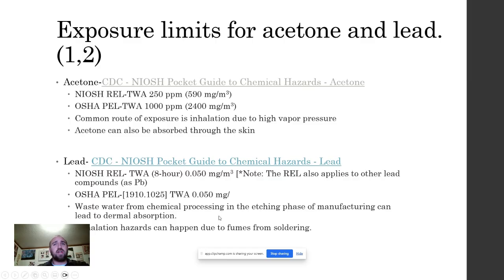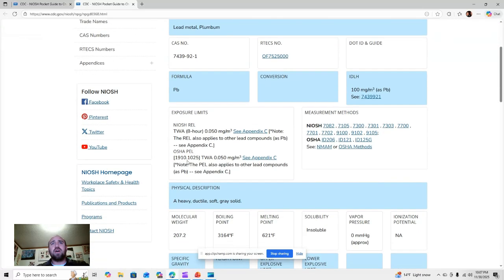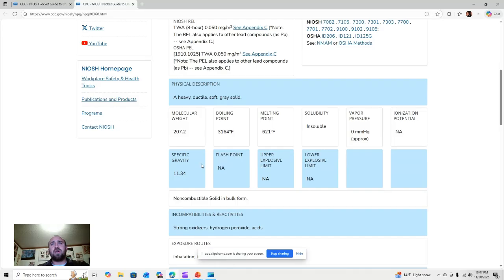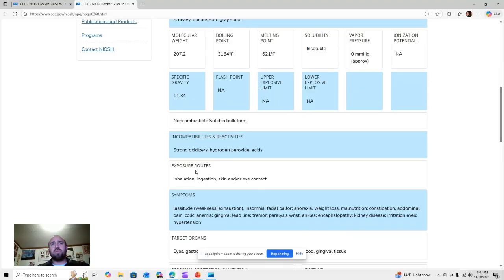Inhalation hazards could also happen from fumes during soldering. I included your NIOSH pocket guide here, with some of your time weighted averages, some of your RELs and PELs, but also what your routes are, like skin and inhalation, and here are some of the symptoms that you get from it.